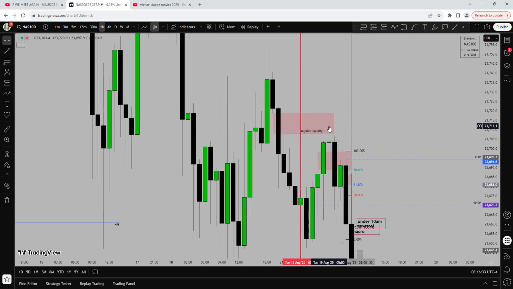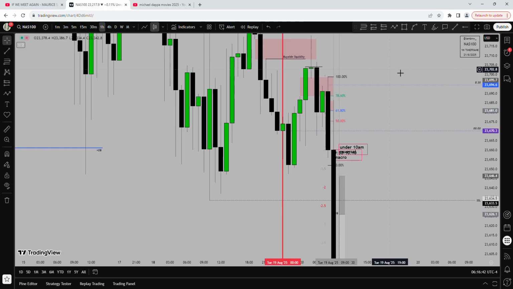So after price traded into this FVG, I waited for price to close below this FVG. The reason I did that was because I wanted to see that this FVG is displaced over or through, that a candlestick closes below so that it can become an IFVG. And that was exactly what happened.